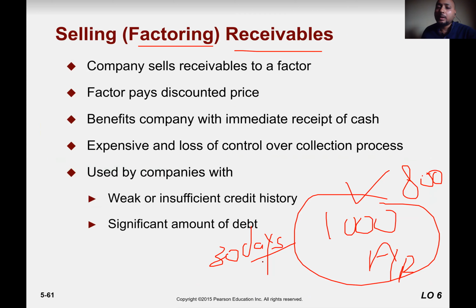You can say, okay, if I need money right now, but my money will come after 30 days, which is 1,000, but I need money right now.